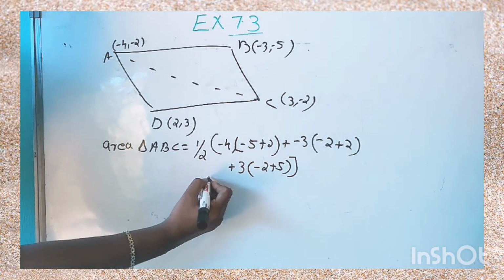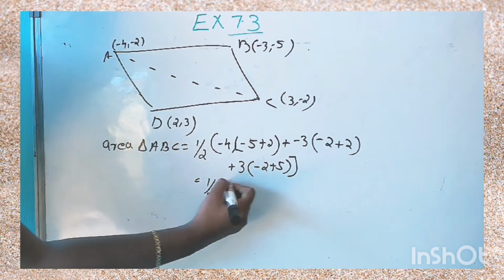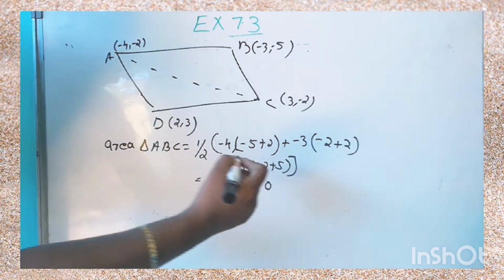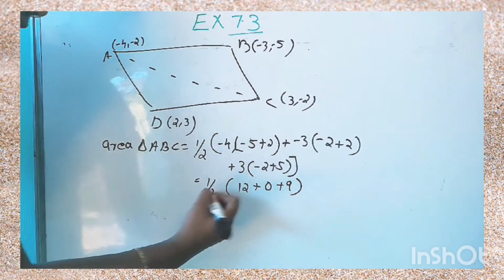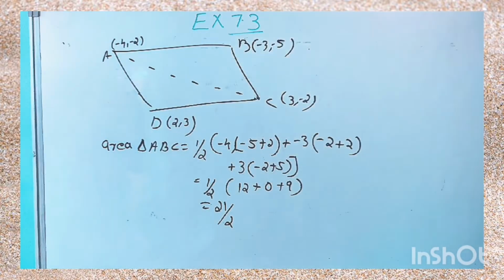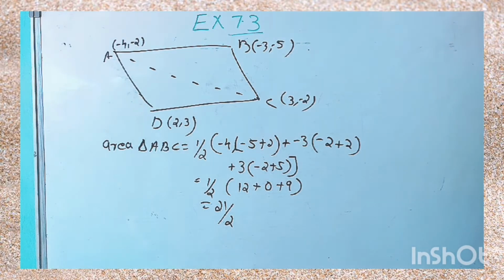This is equal to half into 12 plus 0 plus 9, which is 21 by 2. So area of triangle ABC is 21 by 2.